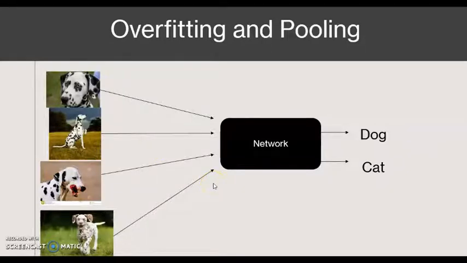Why? Because in the training stage, the network didn't recognize all these variations in the dog dataset. So we can see this problem happening.